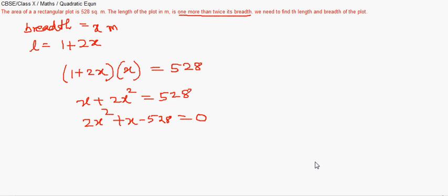We take a couple more such questions. Okay, I'll just write the next one here. It says a cottage industry produces a certain number of toys in a day.